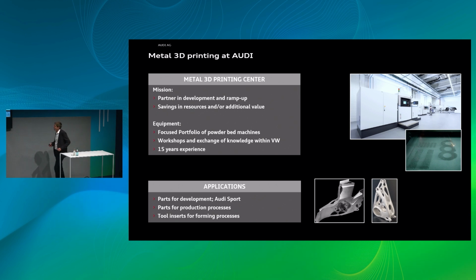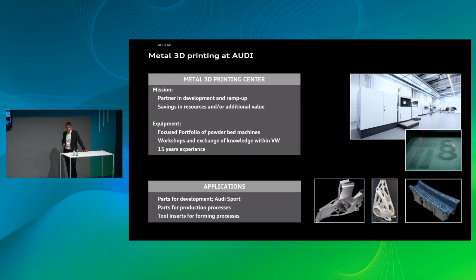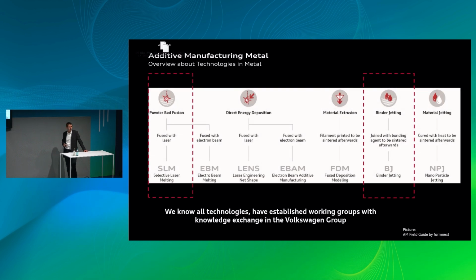You see some parts below. Those are bionic designed or redesigned development parts. That's one column of our work, and the other one is the sector of tool segments. In Ingolstadt we are focused on the powder bed processes, which for us is the most industrialized process in additive manufacturing for metals. Our colleagues in Wolfsburg use binder jetting machines and develop processes there, so we don't buy any binder jetting machine in Ingolstadt.